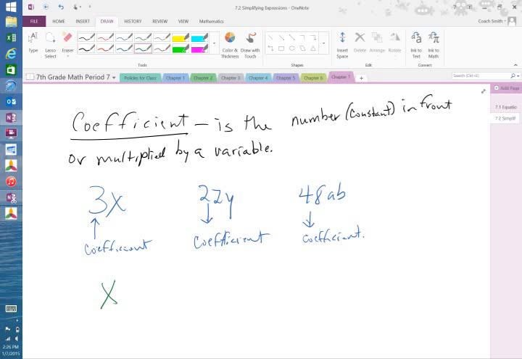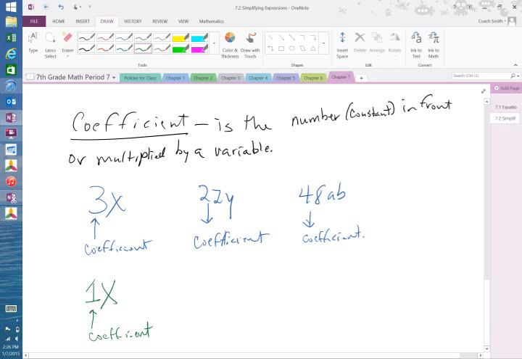Then that is your coefficient. 1 is the coefficient of x, or any variable that doesn't have a number in front of it. So 1x. If I have just a y up there, the coefficient would be 1. You don't have to put the 1, because here's why.